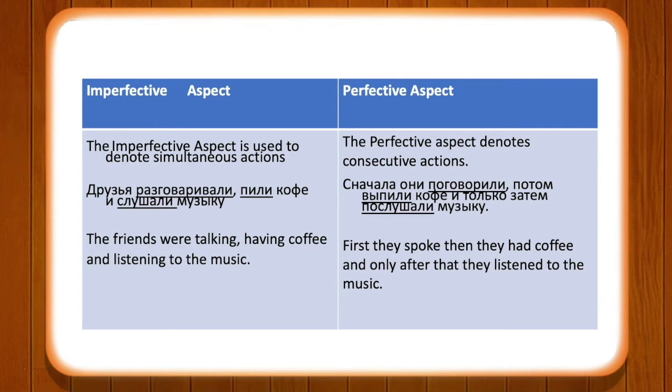Сначала они поговорили, first they spoke, потом выпили, after that they had coffee, и только затем, and only after that, послушали музыку, they listened to the music. So it indicates consecutive action. The first action got over, and only after that the next action happened, and after that the third action. So the use of perfective aspect denotes consecutive action.